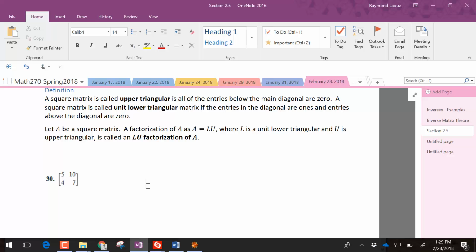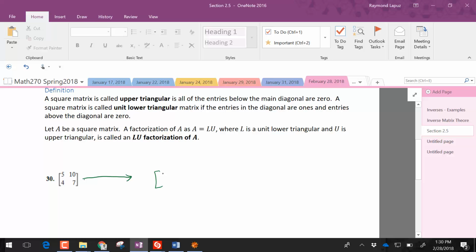This is invertible, right? So if we go through the process of row reducing, then we have the unit matrix. Oh, this is not a good example. All right.